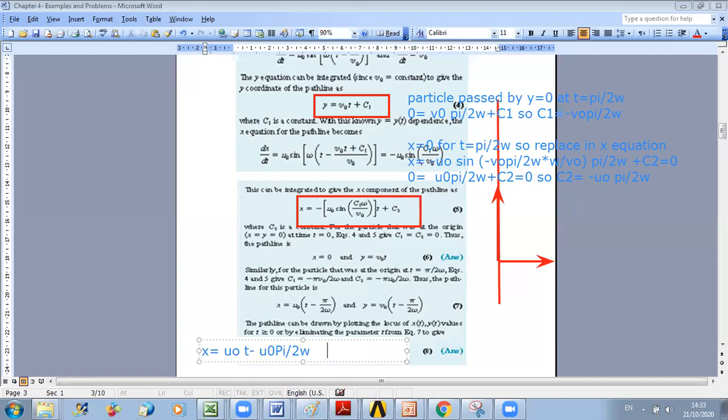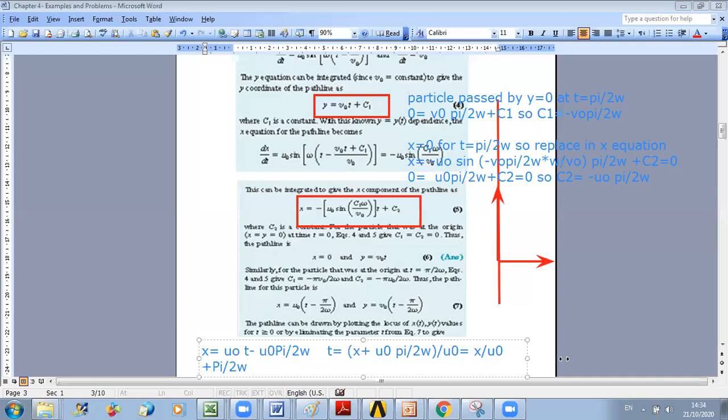So you get that t is equal to x plus u0 times pi over 2 omega, divided by u0, which is equivalent to x over u0 plus pi over 2 omega, okay?